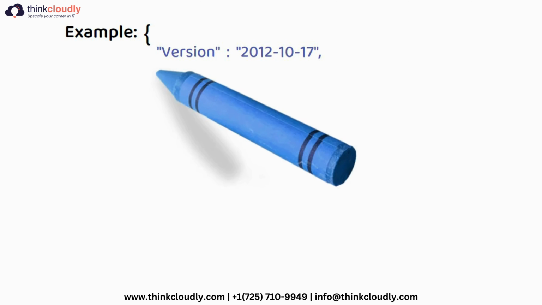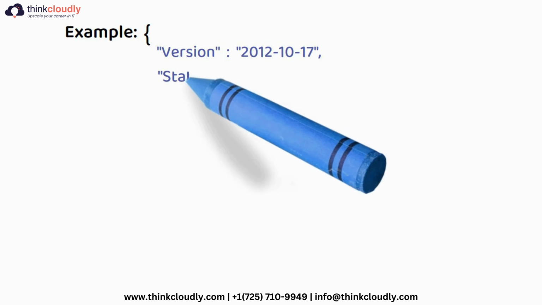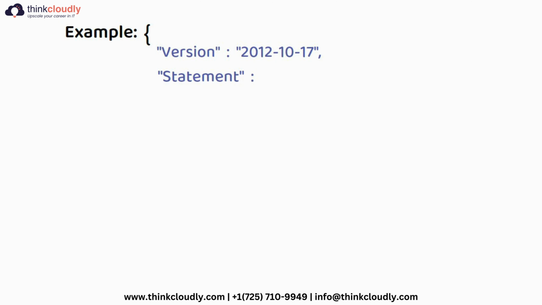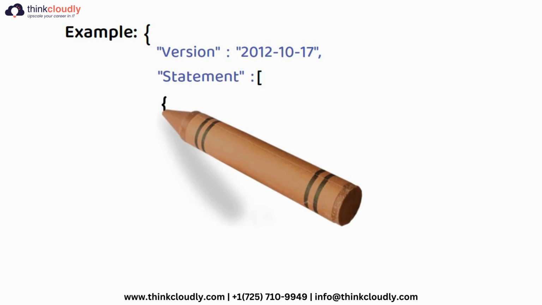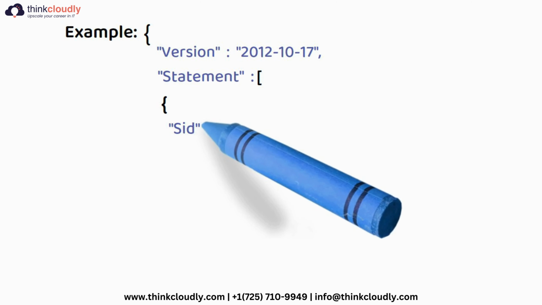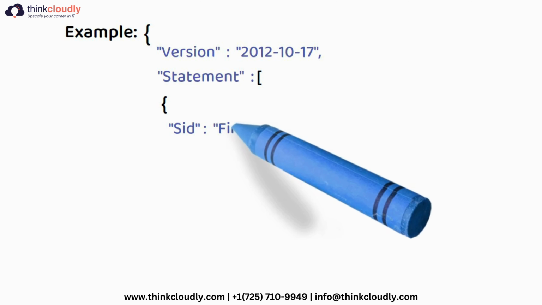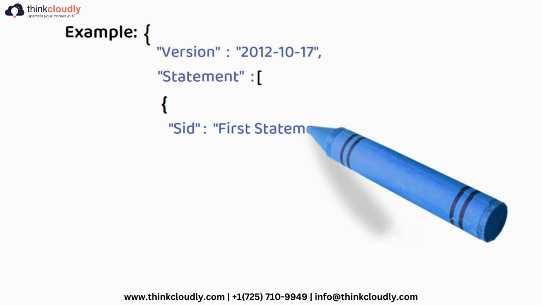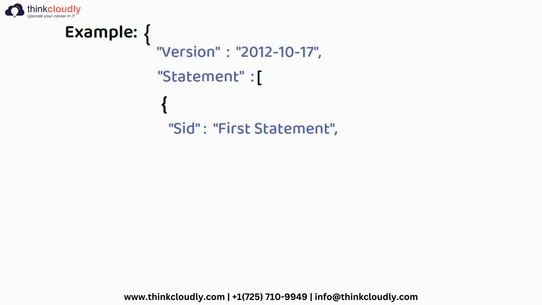Then you have statement. It starts with a square bracket, and then you have a curly bracket. The first statement is SID. I can give any SID; it depends upon what unique ID you want to give. It is not necessarily first statement, I am just writing it as first statement. You can give any SID.